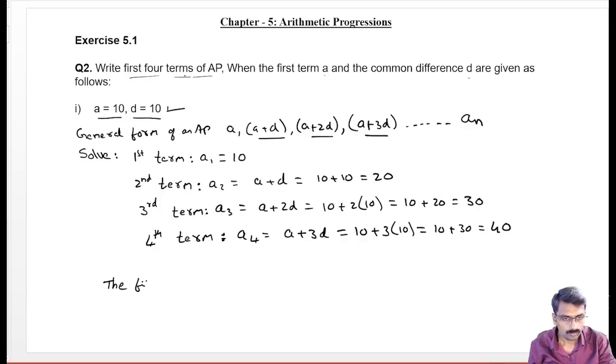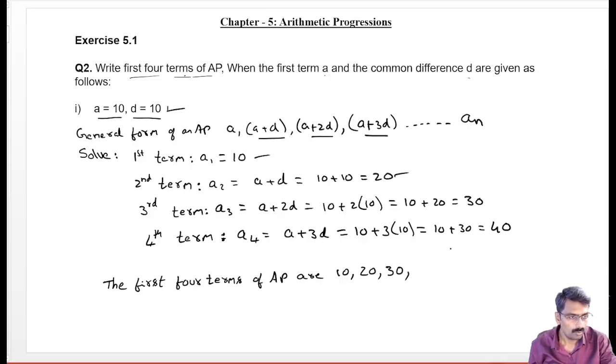The first 4 terms of AP are 10, first term, 20, second term, 30, third term, and the fourth term is 40, and so on. This is our answer. We go to the next sub question.